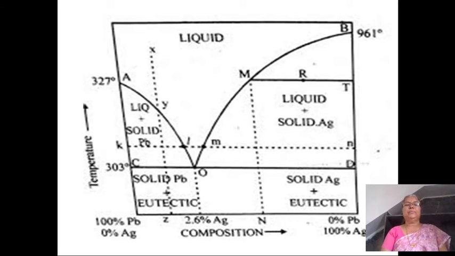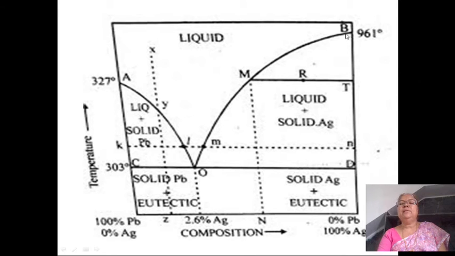And if we have taken lead as a component A having melting point 327 on this axis, here that means we have 100% Pb, lead, and 0% silver.